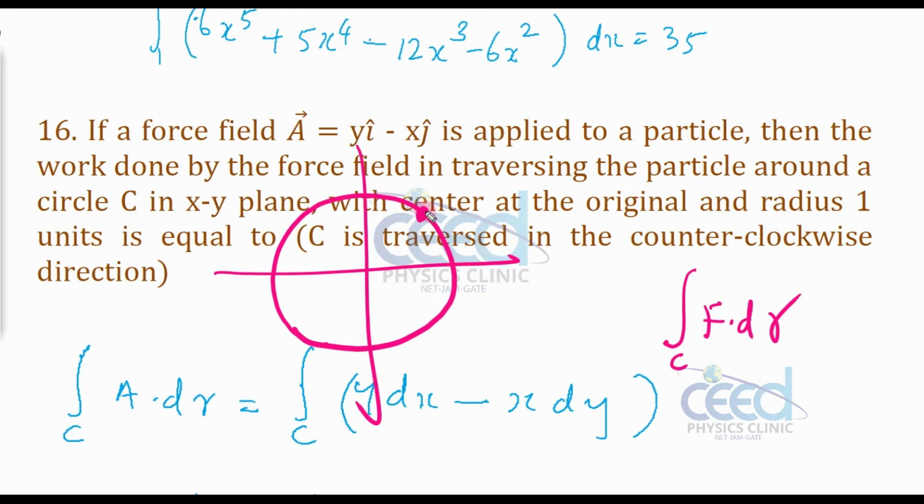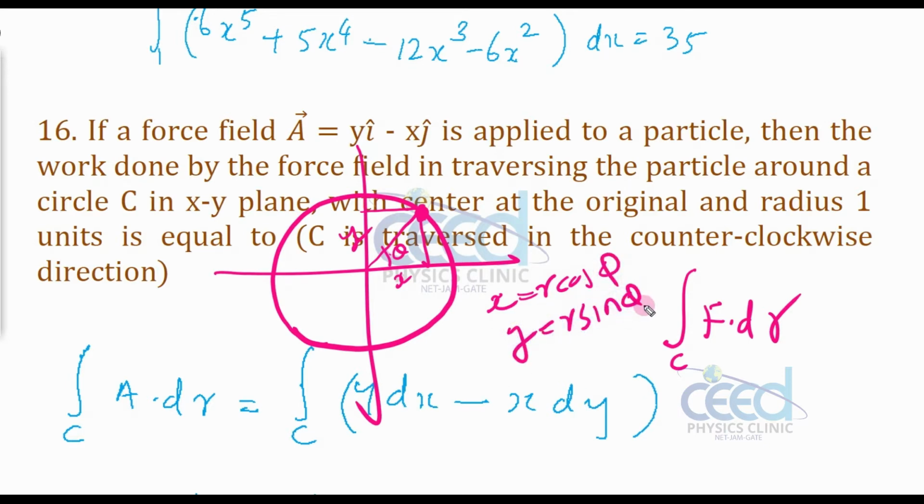Suppose the particle is here, how can we represent this circular path in the Cartesian coordinate system? If the particle position is this, what is its component? I can write this as x and this as y. If this is theta, I can write x is equal to r cos theta and y is equal to r sin theta.